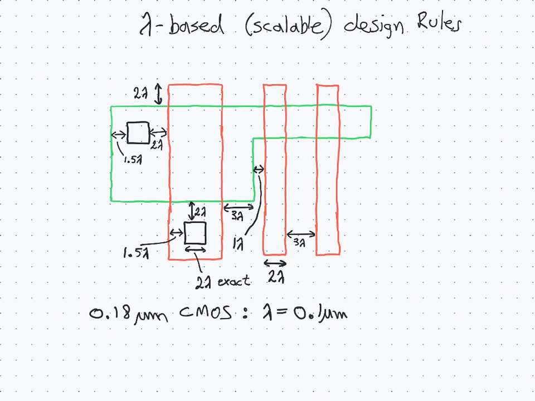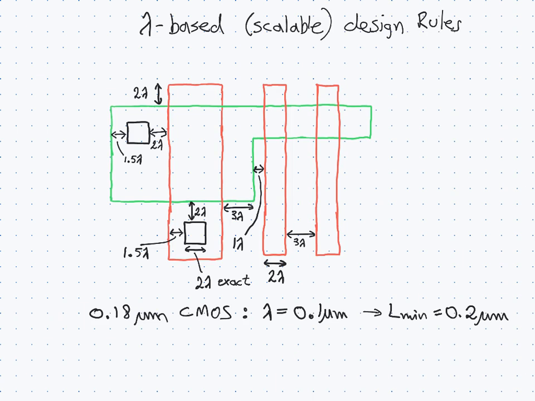That means that the minimum transistor length you can draw is actually going to be equal to 0.2 micrometers instead of the technology limit, which is 0.18 micrometer. And this is a cost that you pay for having a simplified set of design rules: you can't get the last 10% of the performance out of the chip.